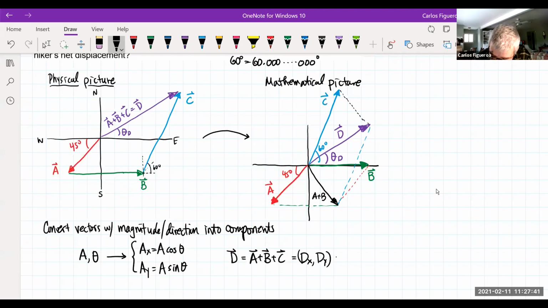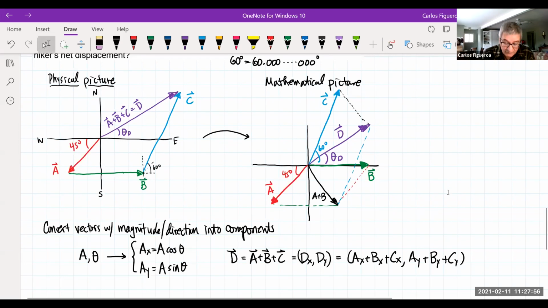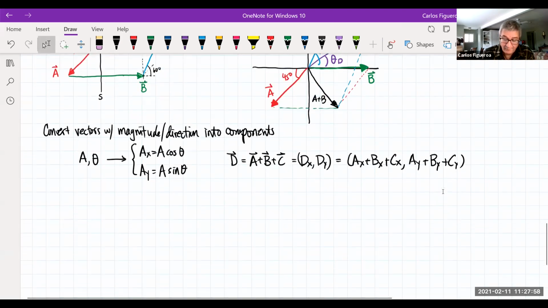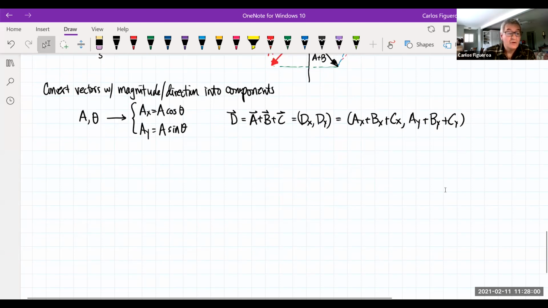This really means AX, BX, CX, and the same for the Y's. That's what I've got to get. So let's focus on each of the vectors, starting with the vector A.